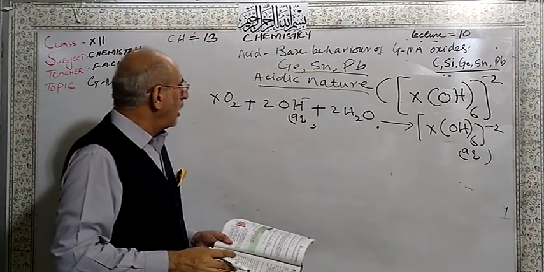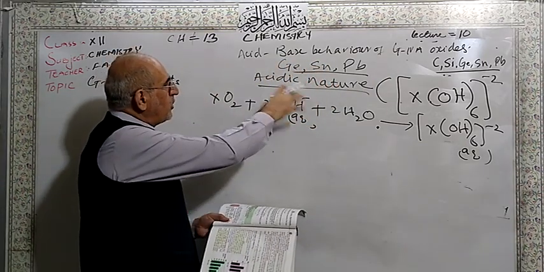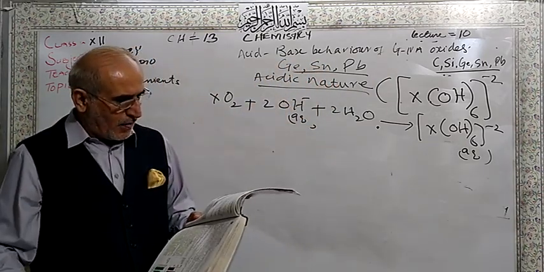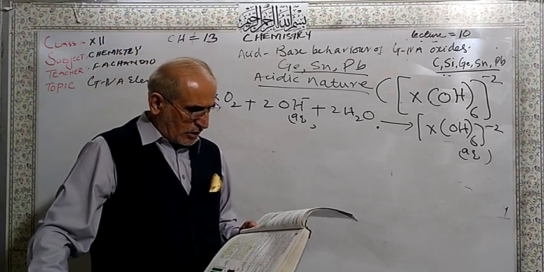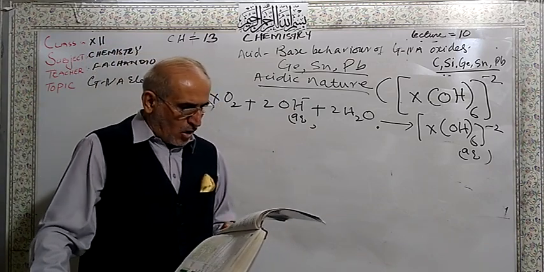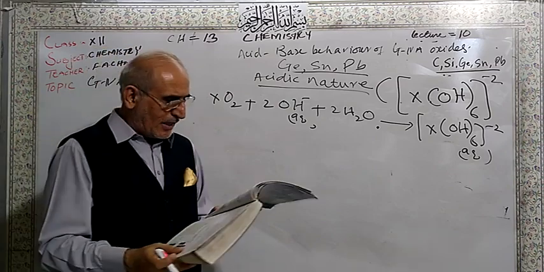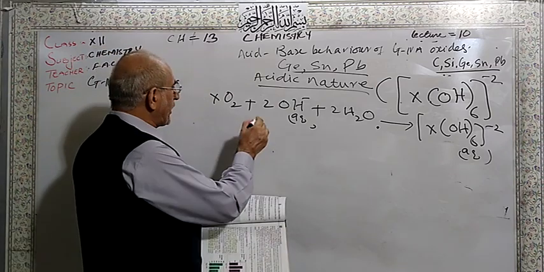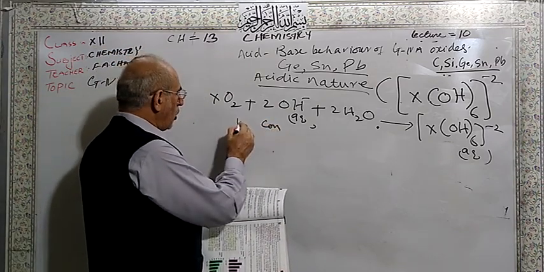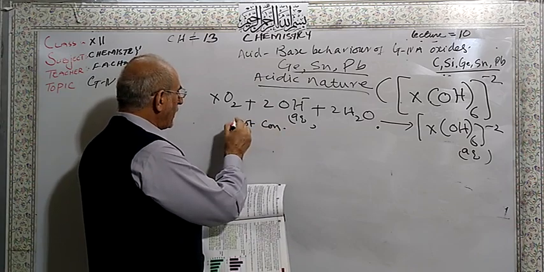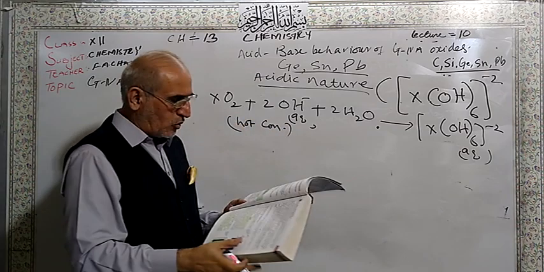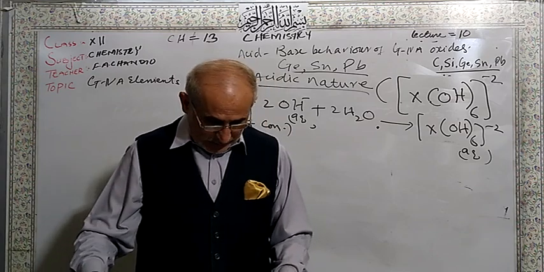In your book another hydroxide will be written, so you have to cut this. Then see the equation, only hydroxide, and the condition is hot and concentrated sodium hydroxide.